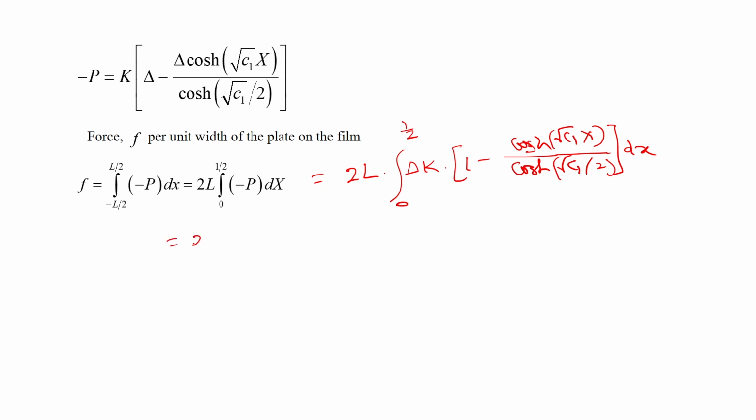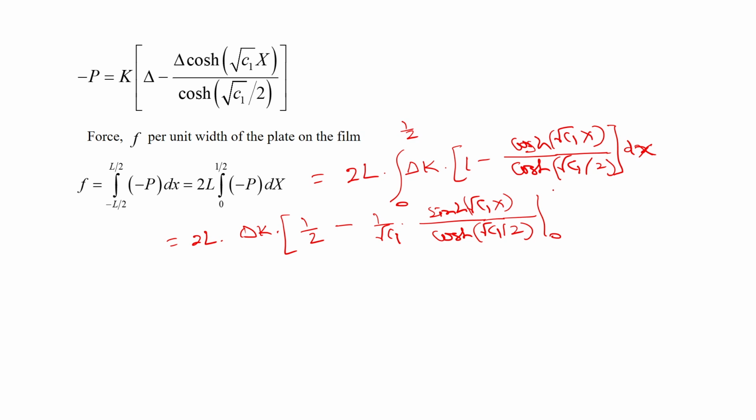So, this is equal to 2L, delta into k, this is capital X, into half, and then minus. Now this is cos, so it will be 1 by square root of C1 into sine hyperbolic square root of C1 into x, by cos hyperbolic square root of C1 by 2, from 0 to 1 by 2.